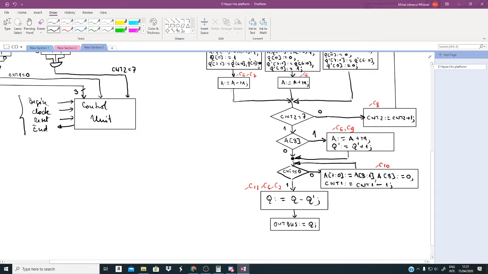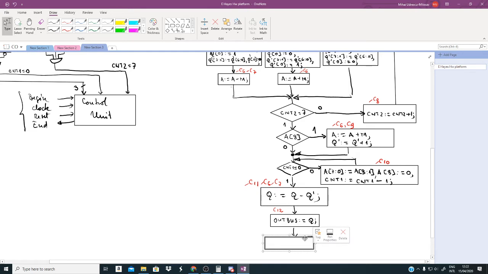First Q, the quotient, with control signal C12, and then I'm going to put A on the outbus.